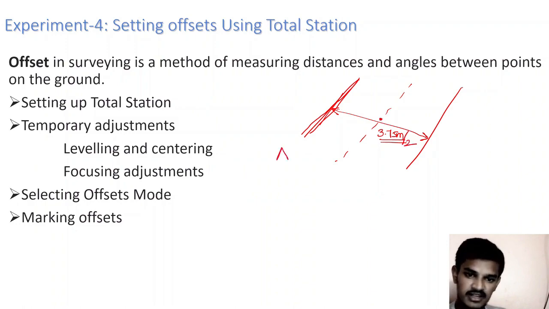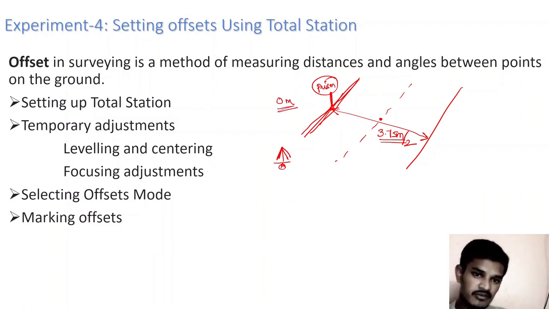We'll set our instrument at one particular station. First, the follower will come and place the prism here. The instructor will bisect this point and mark it as 0 meters, again using the horizontal tangent screws.